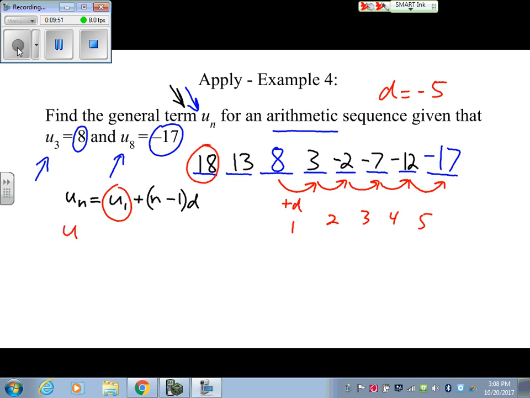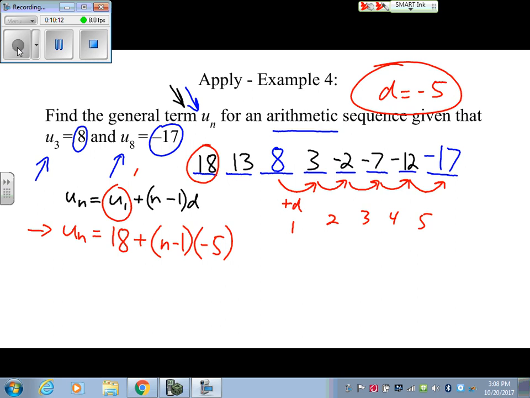So u sub n, our general term, our nth term, is equal to 18 plus n minus 1 times my common difference. Well, our common difference is over here. It is negative 5. We found that earlier. And voila, I now have a formula for u sub n where I've plugged in u sub 1, my first term, and d, my common difference.